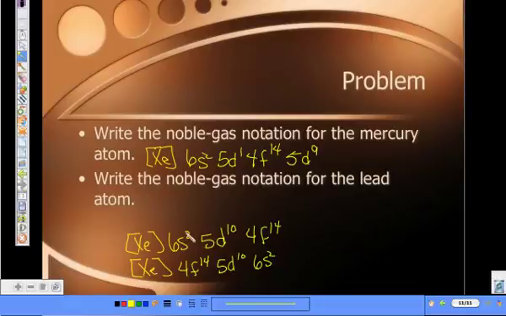So noble gas notation for lead. Lead is number 82. So again, our noble gas is xenon, Pb. We would have 6s2, 5d1 again, 4f14, 5d9, and then we're back into 6p2.